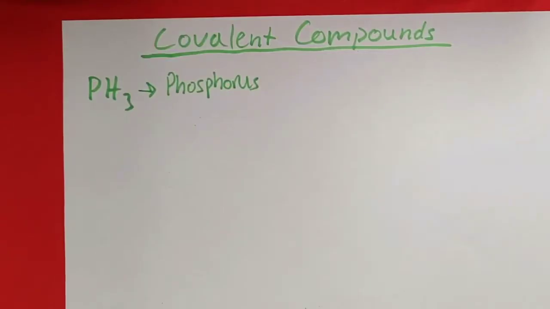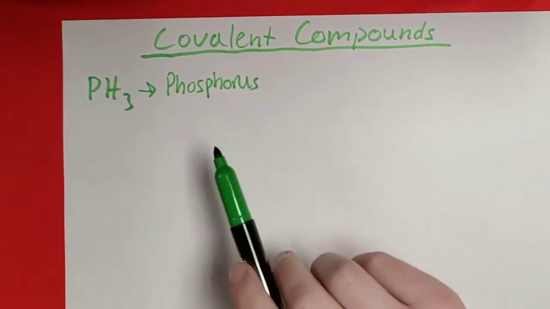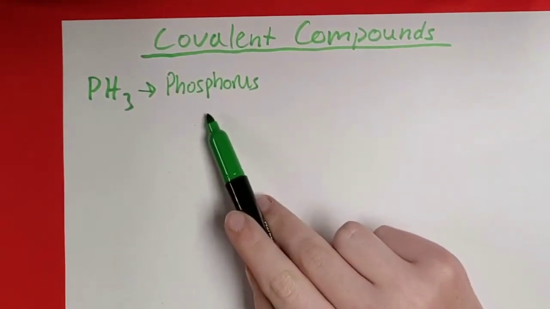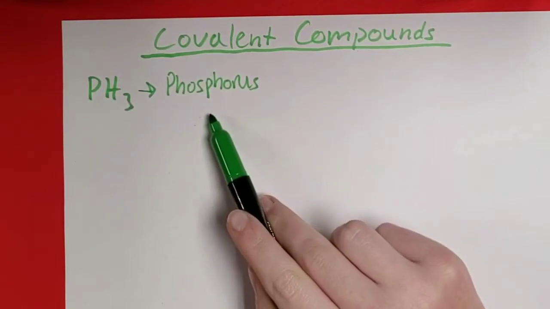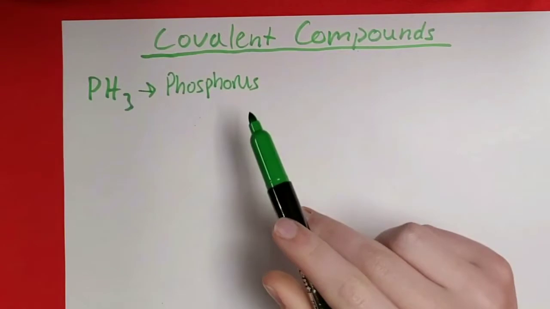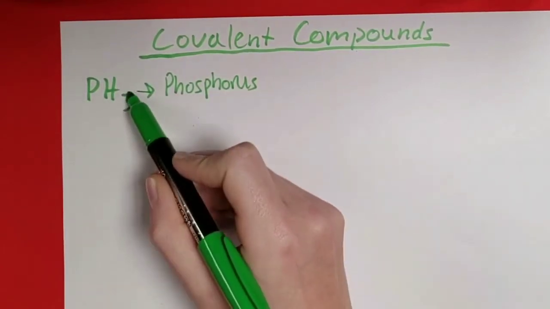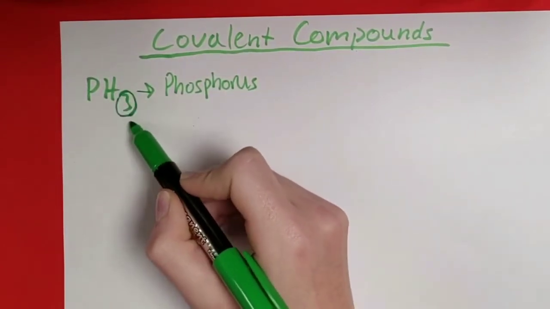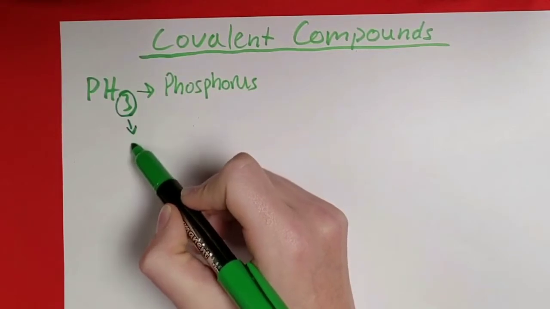Phosphorus only has one element or one atom in this formula, so it would be written with mono, but because it comes first, we do not need to put the mono. So in this case, we will just write phosphorus. After phosphorus, we write the next nonmetal, which in this case is hydrogen, and it has 3 elements or atoms in the compound.